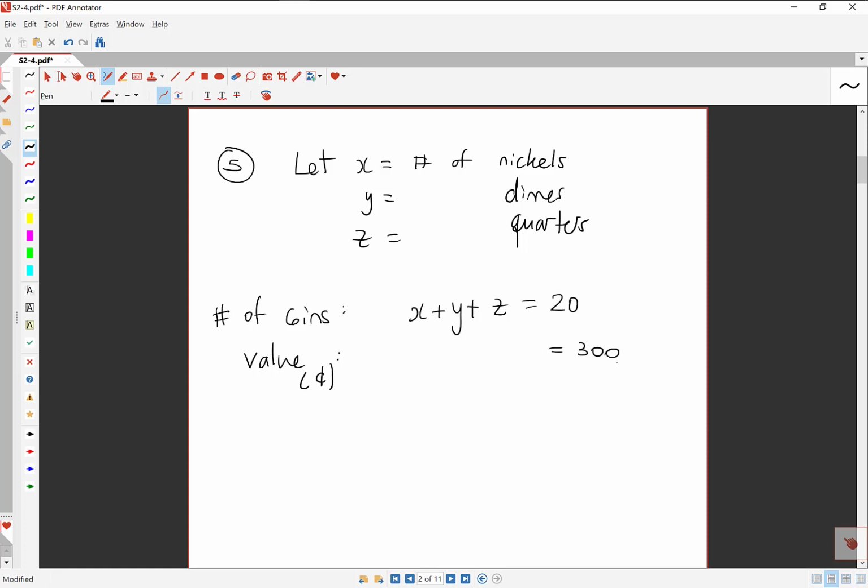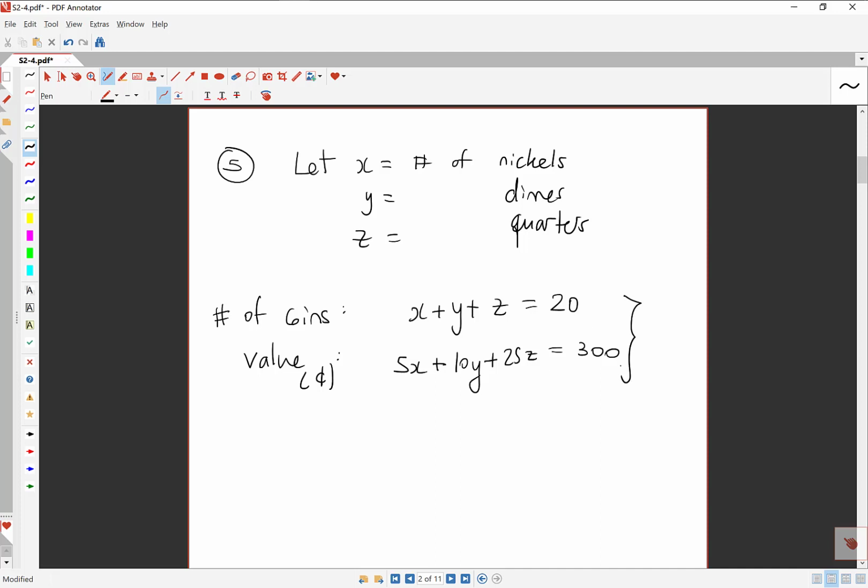So you could say you've got 300 cents in total. Each nickel represents 5 cents. So your number of cents is 5 times however many nickels you have. That's just coming from the nickels. Then we add 10y for the value of the dimes and 25z for the value of the quarters. So that gives us our total value, which is 300.